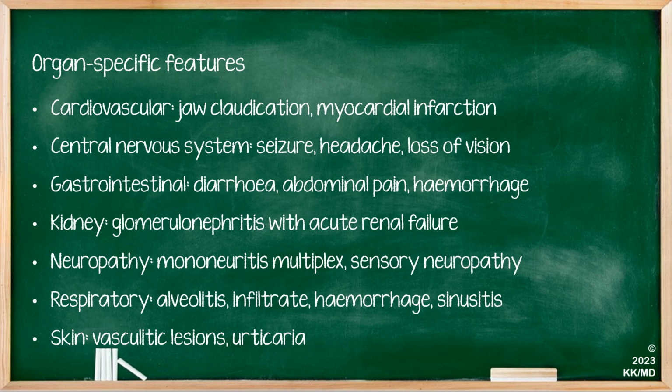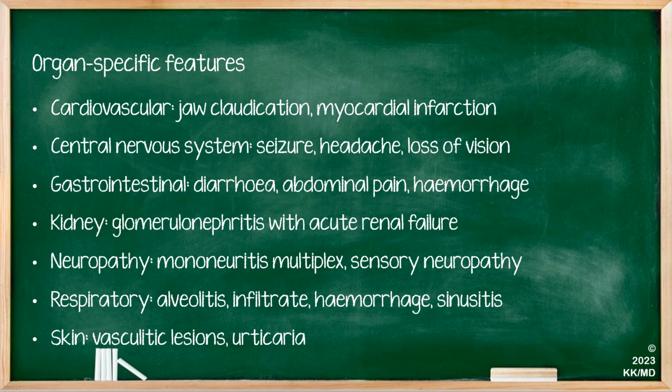You may get glomerulonephritis, particularly with an ANCA-associated vasculitis. This can sometimes lead to fulminant kidney failure with an acute kidney injury. And similarly with the respiratory system, ANCA-associated vasculitides may also cause pulmonary hemorrhage.